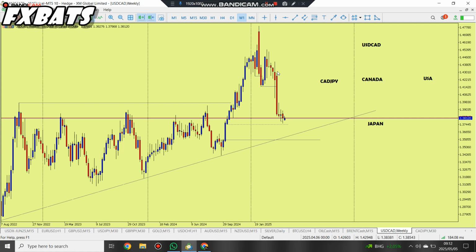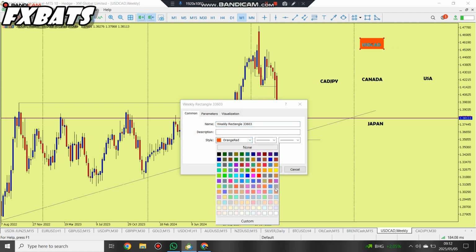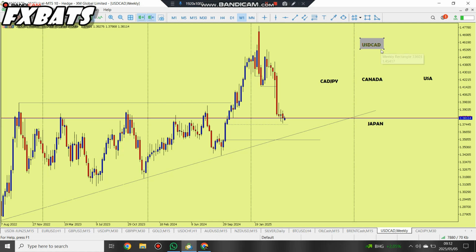So the first currency that I normally look at, even if I'm trading Brent or West Texas Intermediate oil, is USD CAD. USD CAD is a currency that I love trading alongside oil.